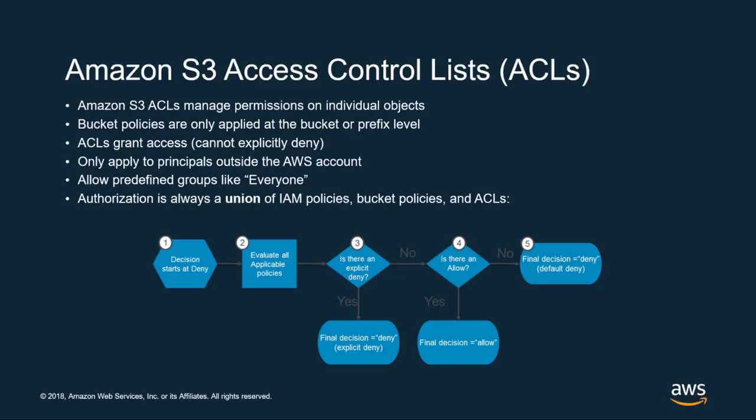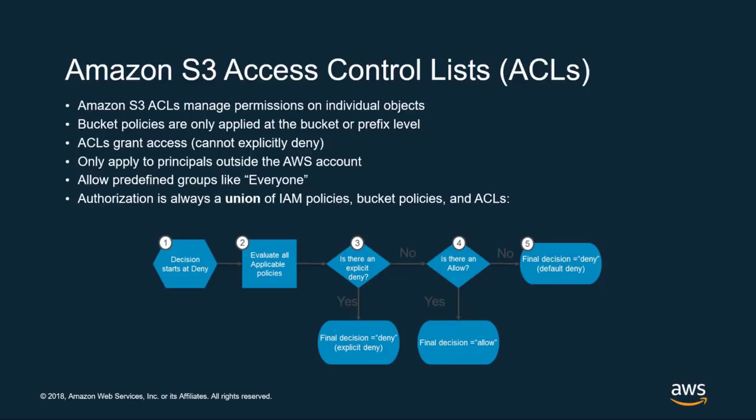Because users can do things either intentionally or by mistake, such as using stars or allowing predefined groups like everyone, which, as we'll talk about later on, can be security vulnerabilities and inadvertently expose data to the public.